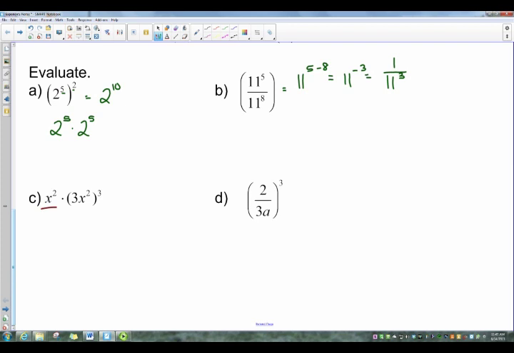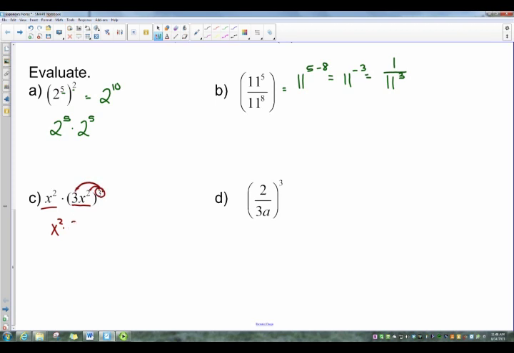So the x squared is by itself, it's good. Now this one has 3x squared inside with a 3 on the outside. That cube is going to be sent through. So step by step, I've still got that x squared. It's not equals, times. So I've got x squared times 3 cubed. Okay, so remember, this cubed goes over to the 3.